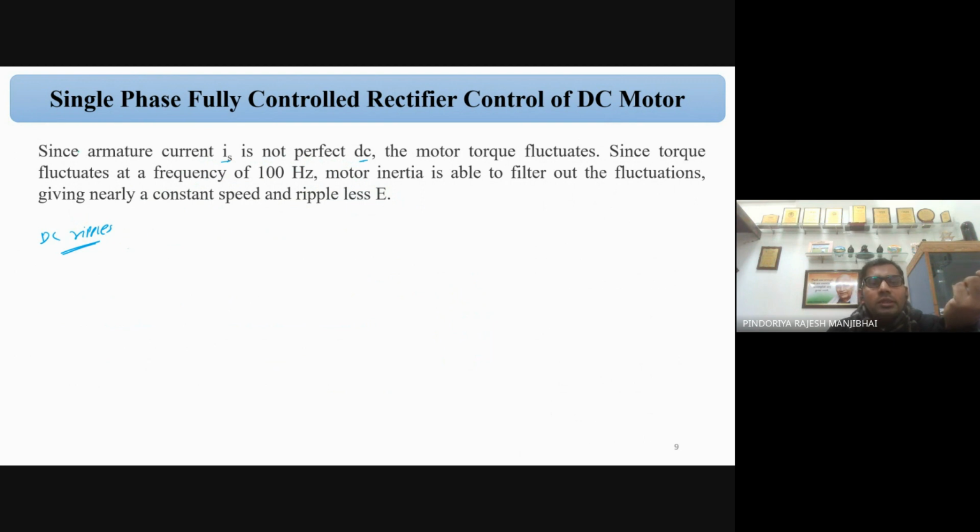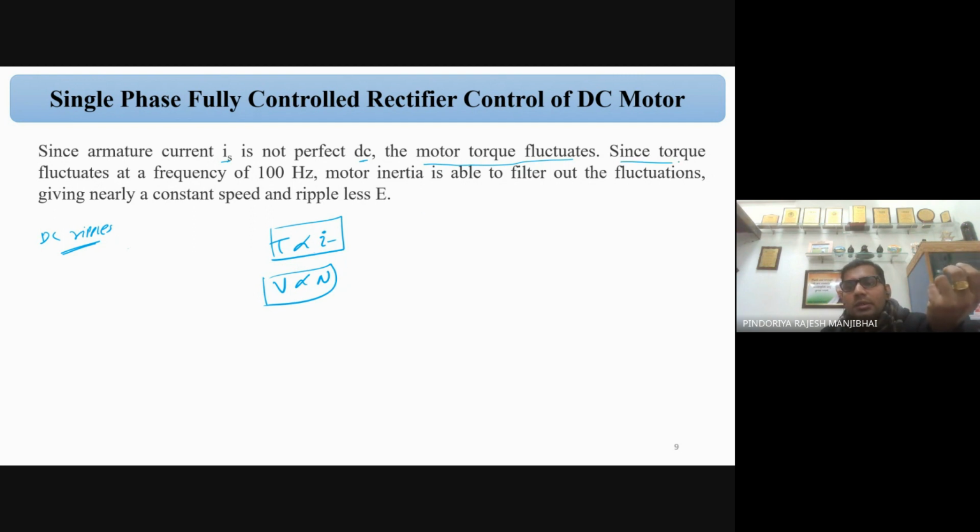Since the armature current is not perfect DC, the motor torque fluctuates, because torque is directly proportional to the current, and voltage is directly proportional to the speed. So if the current fluctuates, your torque also fluctuates because of the ripple.